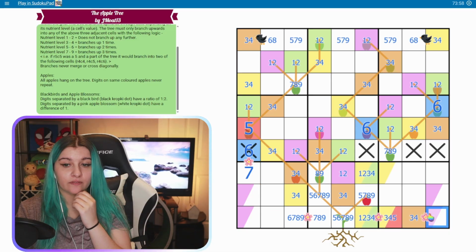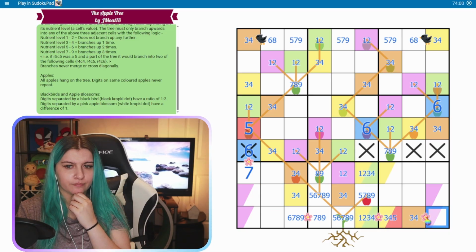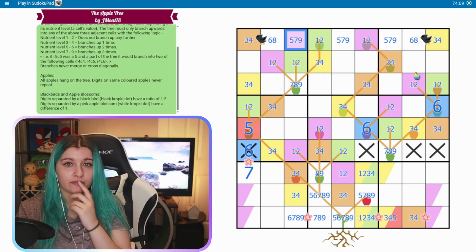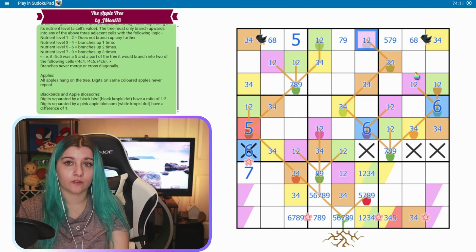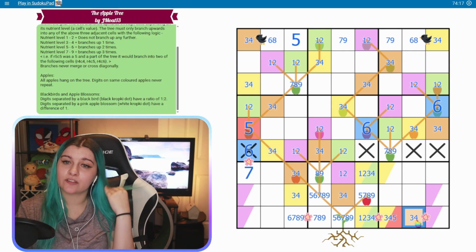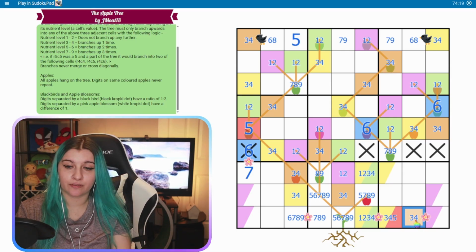I think one of these has to be a 5. I believe. I also just saw this has to be a 5. If this is orange pink, it has to be 3, 2.